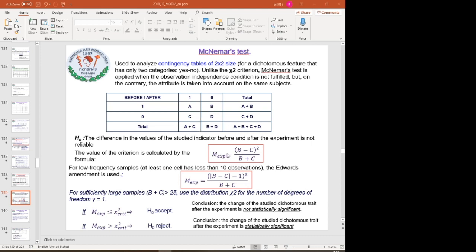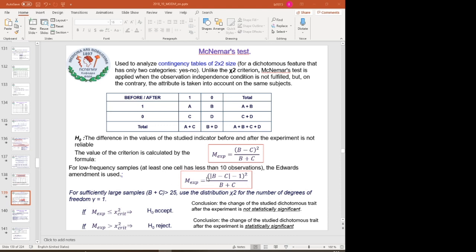The statistic has a chi-square distribution, and the formula is like this. We subtract C from B or B from C. This is a symmetrical formula because it's squared, and divide by the sum of B and C. If at least one of cells A, B, C or D has less than 10 observations, then we should apply the Edwards correction.